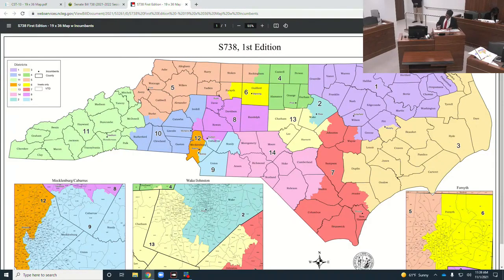As indicated by Senator Clark, if you do look at the 2011 data that he had revealed, this could potentially be a VRA district that I believe would also answer some of the questions and concerns expressed by committee members with regard to the fact that under the Stevenson Supreme Court decision, there needs to be compliance with VRA first before drawing the remainder of the districts.